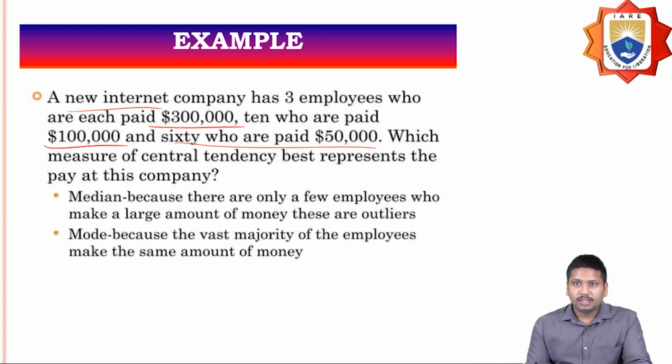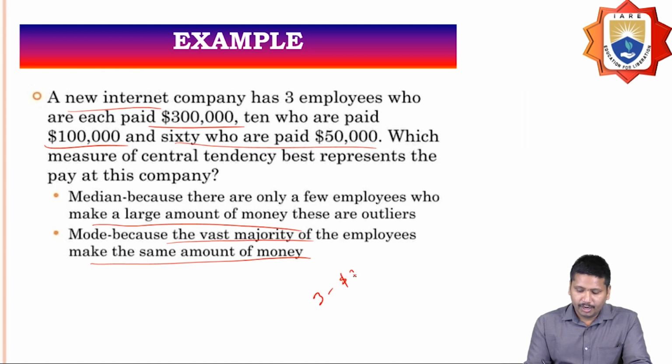The median: only a few employees make a large amount of money, and these are the outliers. The mode: the vast majority of employees make the same amount of money.